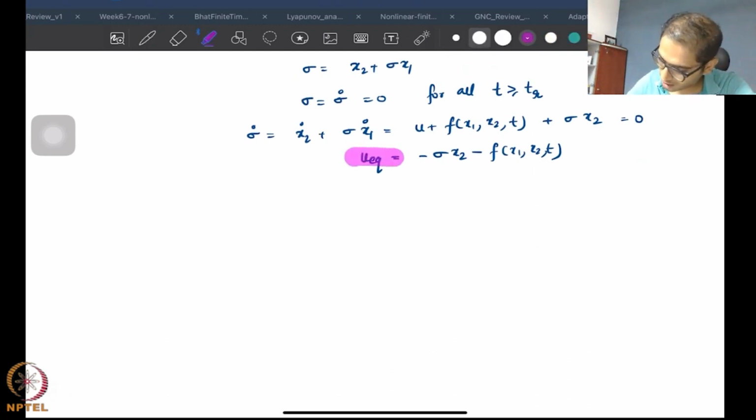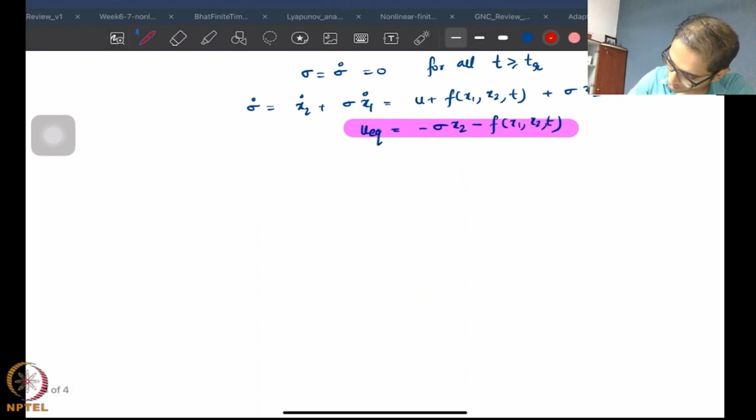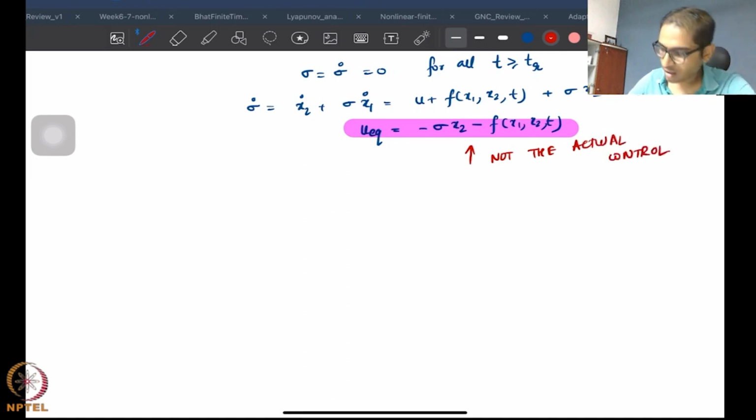Now the interesting thing to notice is that this is not the actual control. What was the actual control?